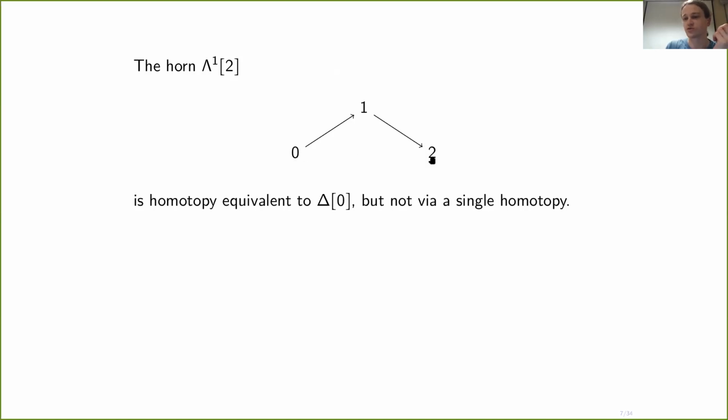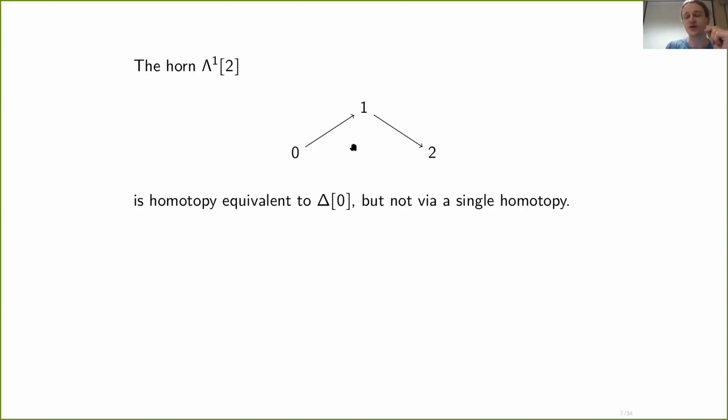And there is no direct path here. Similarly, we cannot contract in one step to 2 because there is no edge connecting 0 to 2, so for the same reason. But we also cannot contract in one step to 1 because the single contracting homotopy would need to have a definite direction, but the edge is pointing from 0 and another one is pointing towards 2. So we also cannot put them in a single homotopy.